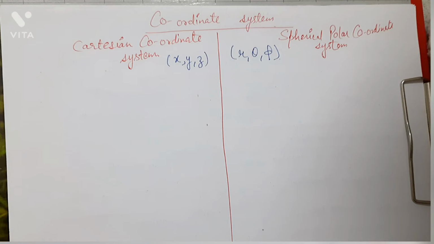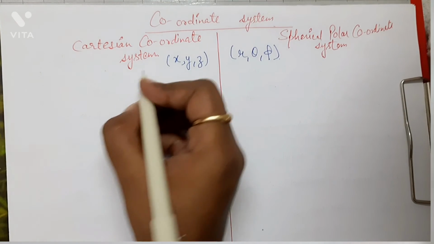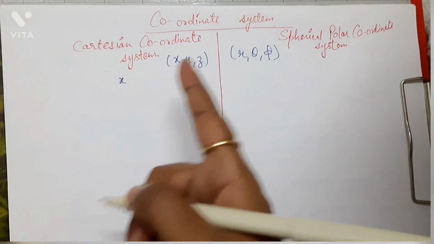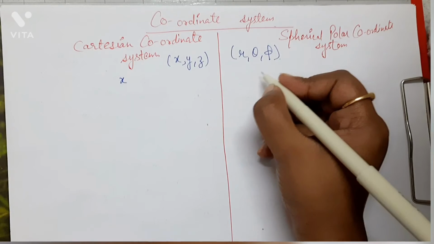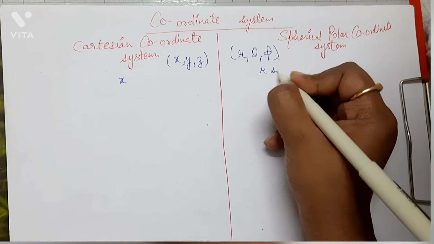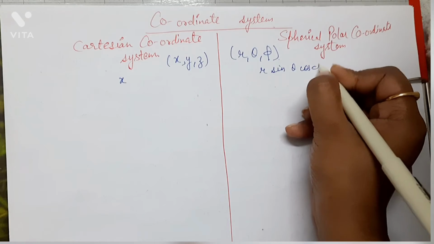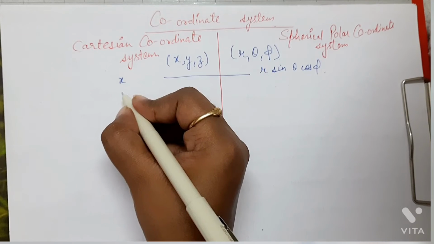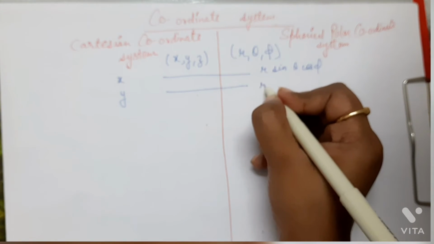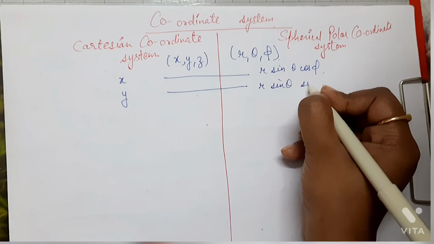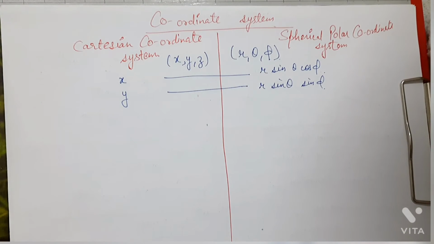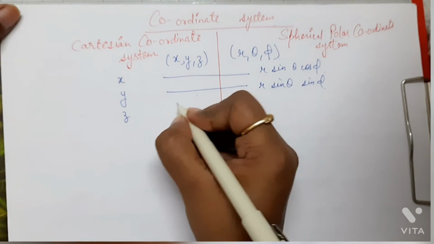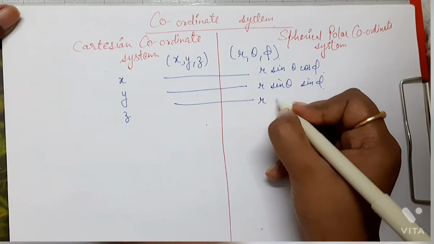When we use x in the Cartesian coordinate system, the corresponding spherical polar expression will be r sine theta cos phi. For the y component we use r sine theta sine phi. For those of you from a mathematical background, you already know these things, right? For the z component we use r cos theta.